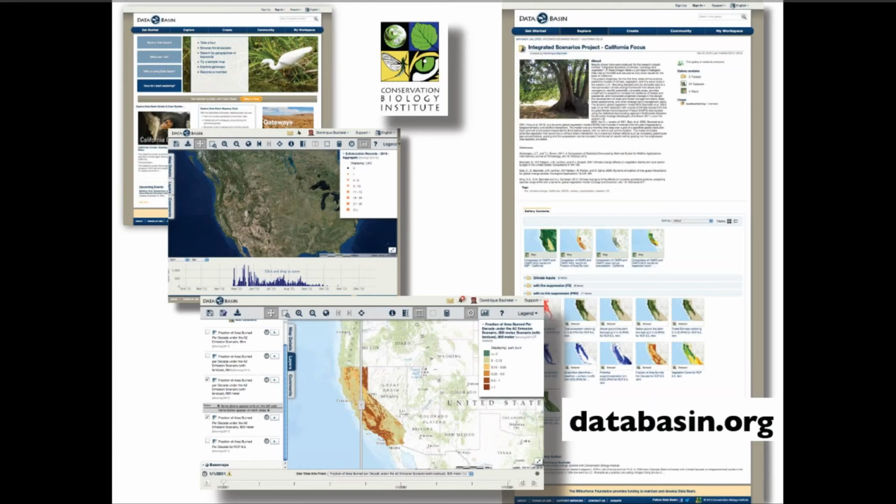There's about 30 of us, a big number in Corvallis, and we're mostly people behind computers. We run models, we design web tools, and one of the claims to fame of Conservation Biology Institute is the website called databasin.org. It is a website that aims at being a repository of useful spatial data sets for conservation and all sorts of environmental management issues.